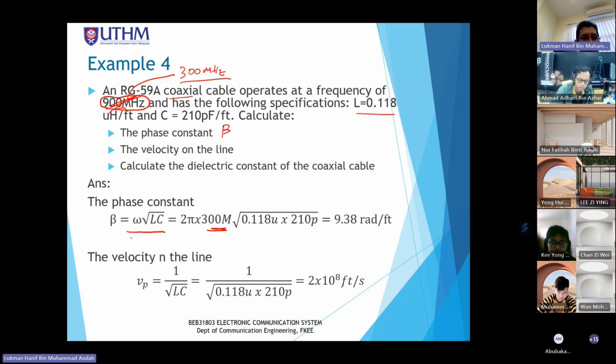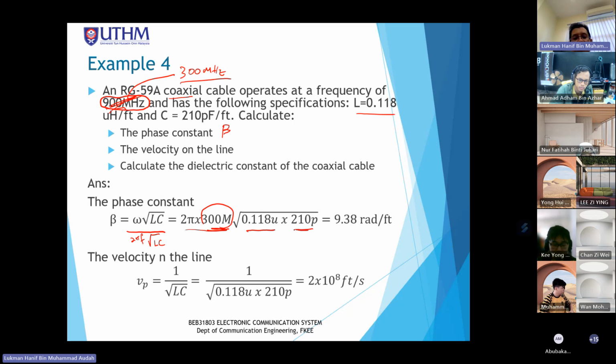So beta is 2 pi f times square root of LC. We already changed the frequency in the question to 300 megahertz, multiplied with L and C: 0.118 microhenry per feet, and the other one is 210 picofarad per feet.